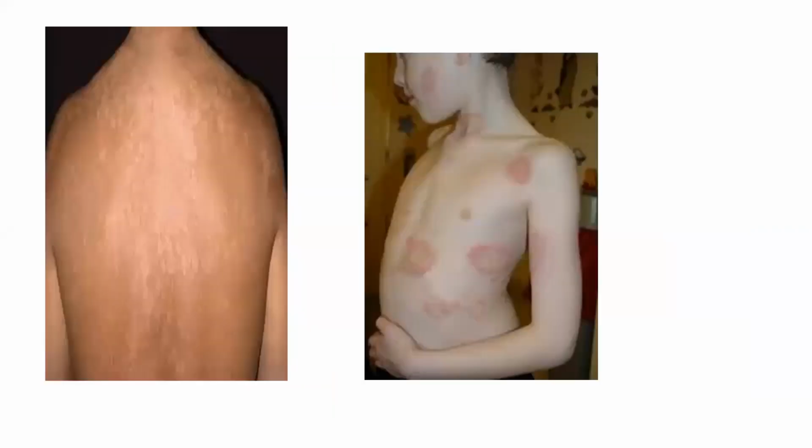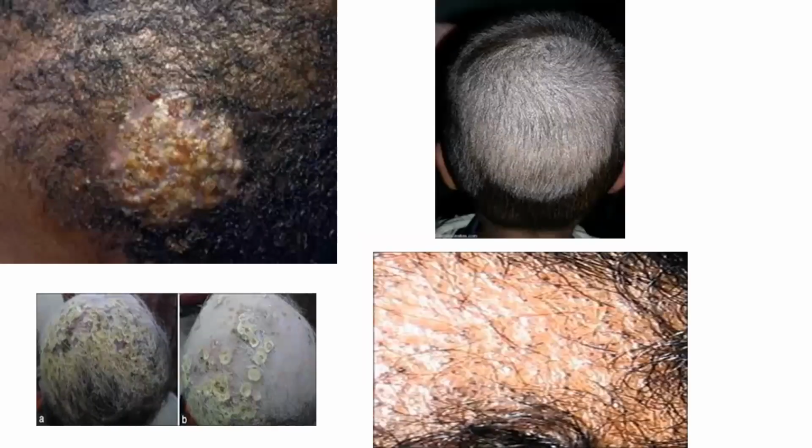Then on our left is the fungal infection, pityriasis versicolor, which is a very mild type of fungal infection, just causing hyperpigmented lesions with slight scaling, furfuraceous scales. And on our right is the very typical itchy fungal infection, tinea corporis, commonly called ringworm.